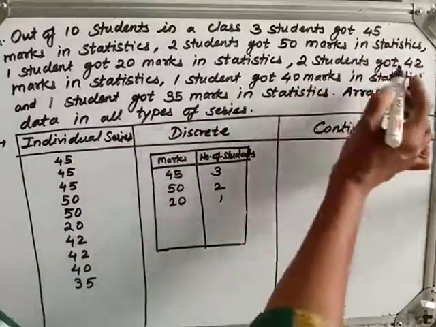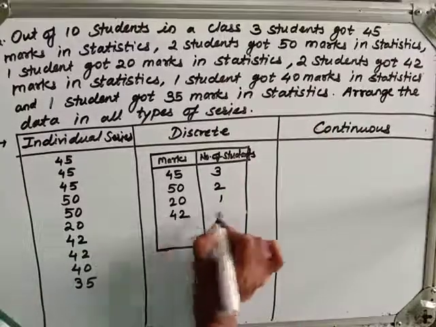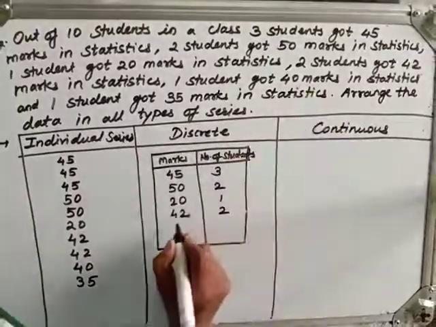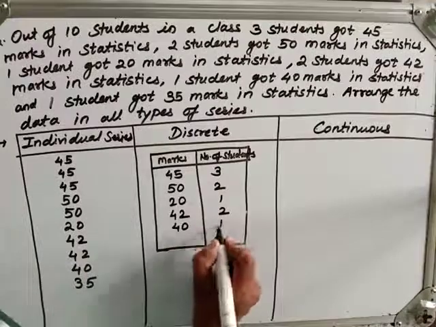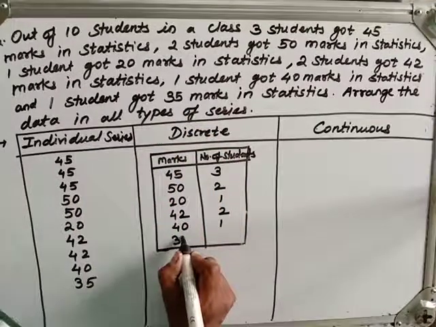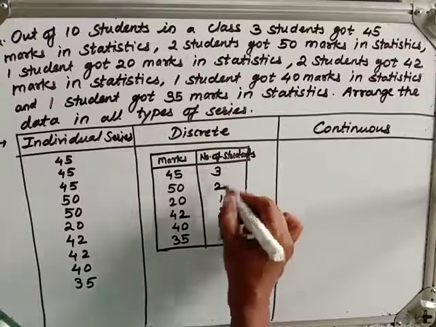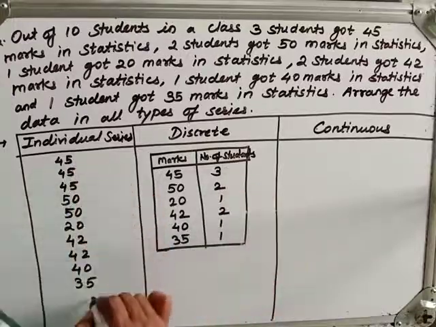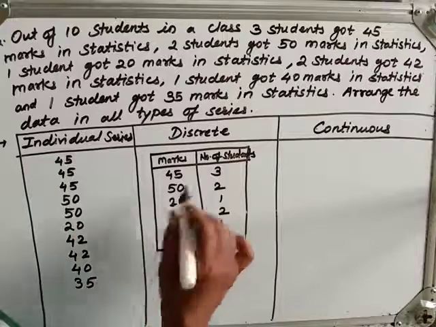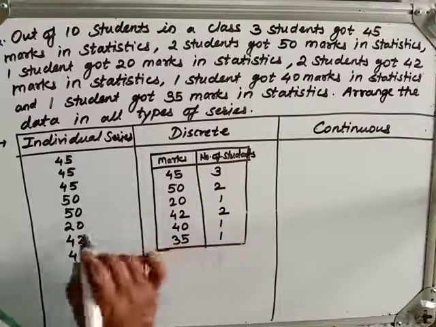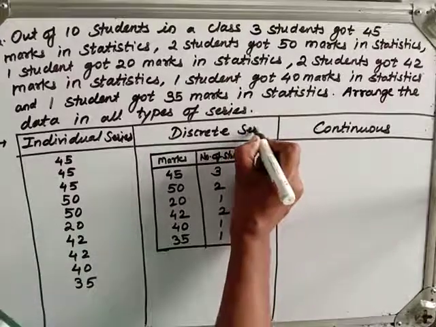Then 42 marks are got by 2 students. Again 40 marks are got by 1 student, and 35 marks are got by 1 student. Look at them here, this addition is again 10. Here also 10 observations. These are ungrouped data.